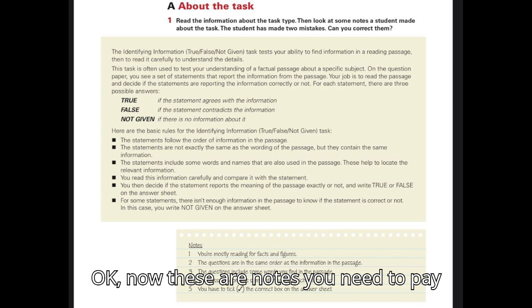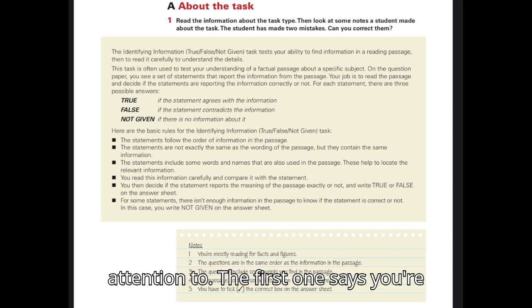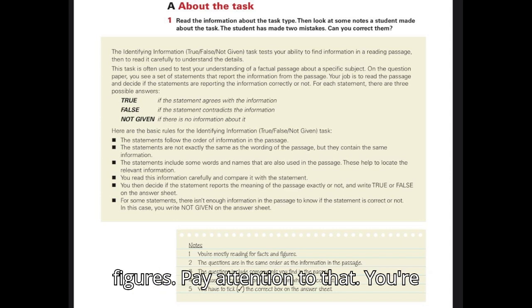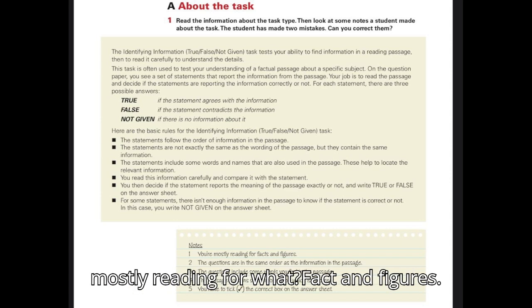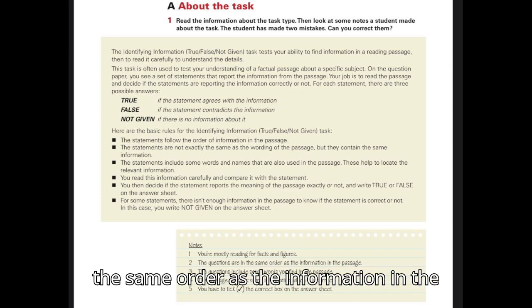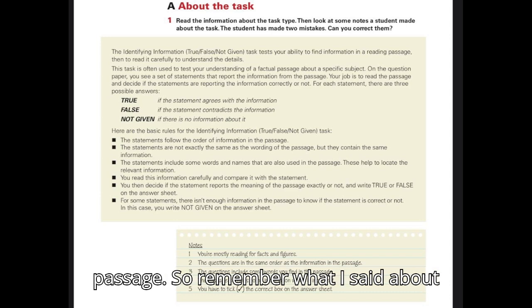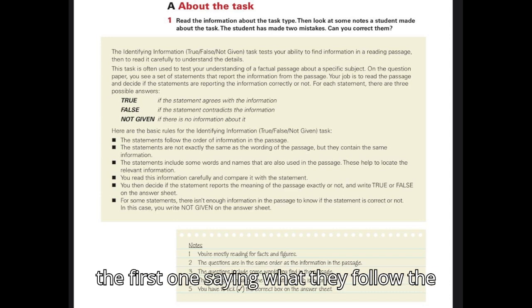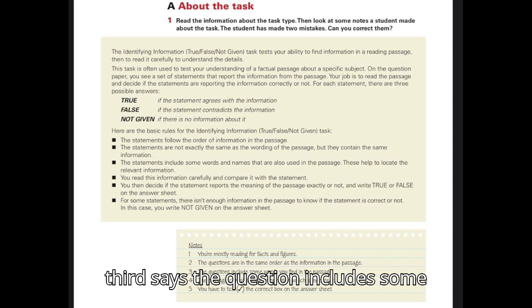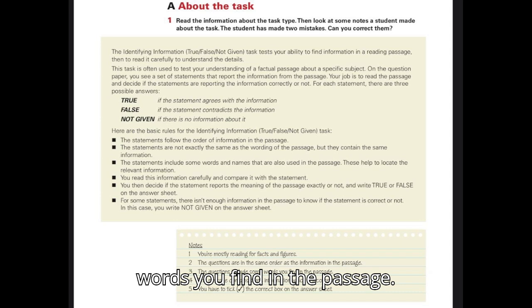Okay, now these are notes you need to pay attention to. The first note says you're mostly reading for facts and figures. The second says the questions are in the same order as the information in the passage. So remember what I said about the first rule, they follow the order of the passage. Then the third says the question includes some words you find in the passage.